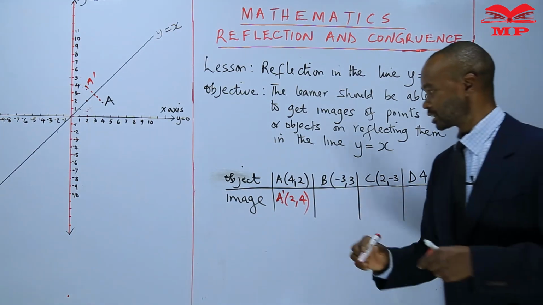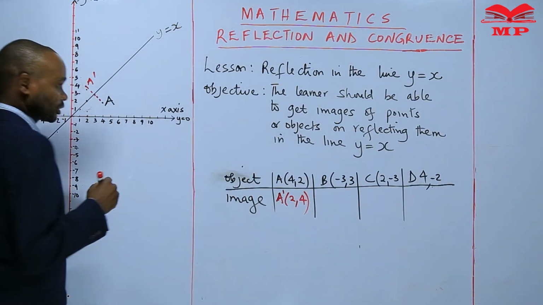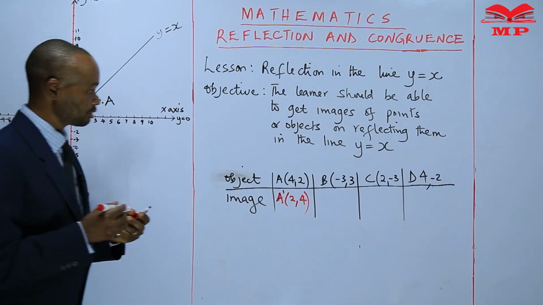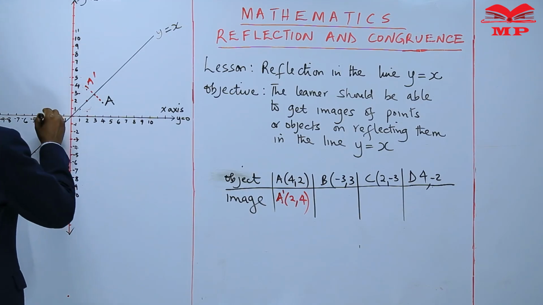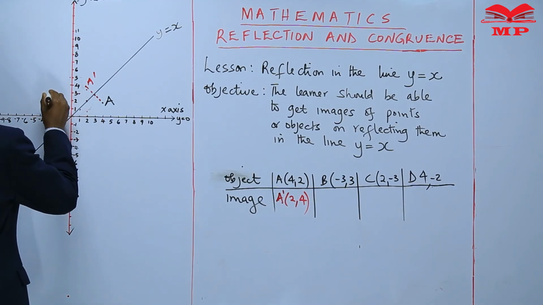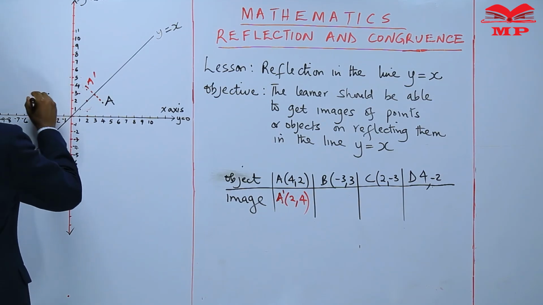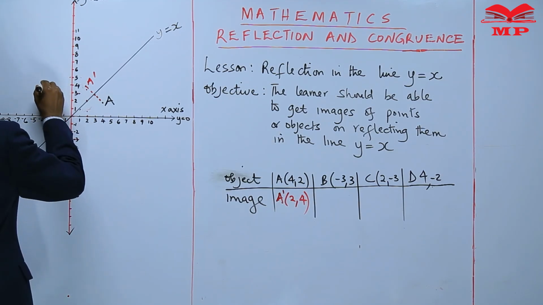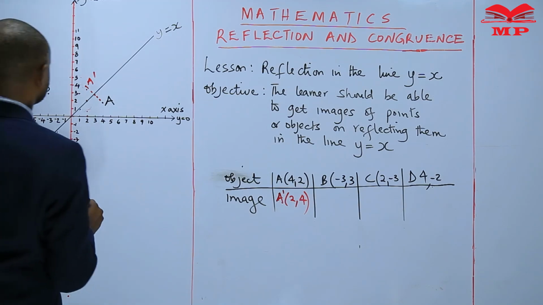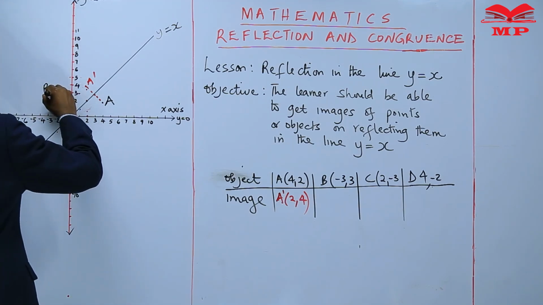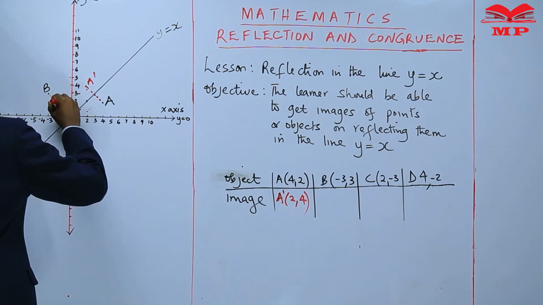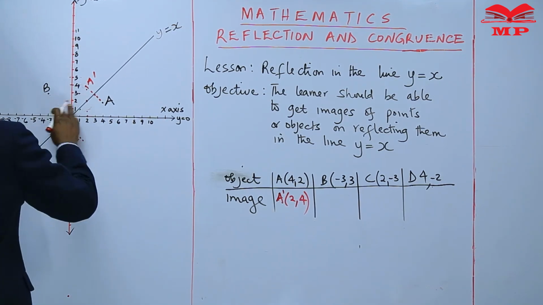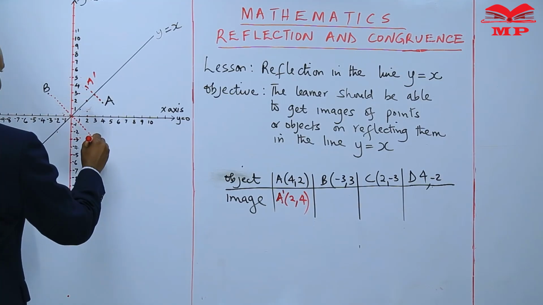Let's move to the second point, where the object is given as -3, 3. We move to -3, 3. That is B. You try and drop some distance behind. You look very well.